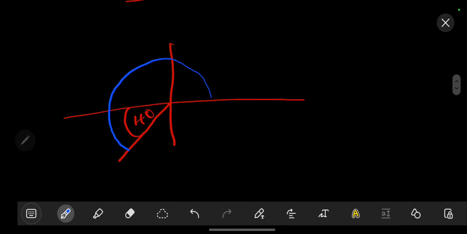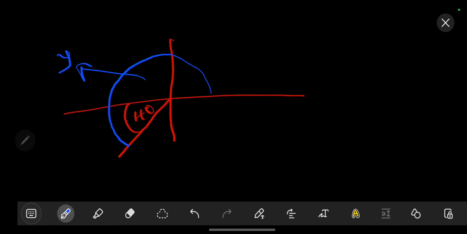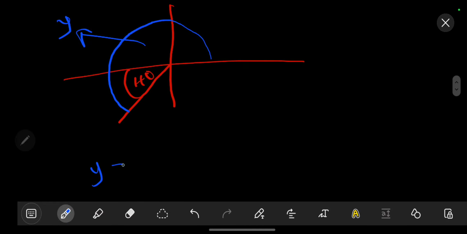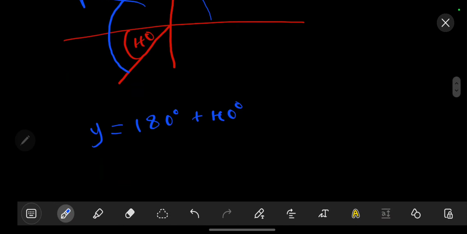So in order for me to find my angle, which is my y, I will say y is the whole angle, which should be equal to, if I know this is 180, 180 degrees plus 40 degrees. If I add the two, I'll have 220 degrees. So this is my y. So angles are always measured from the positive x-axis, which is very, very important.